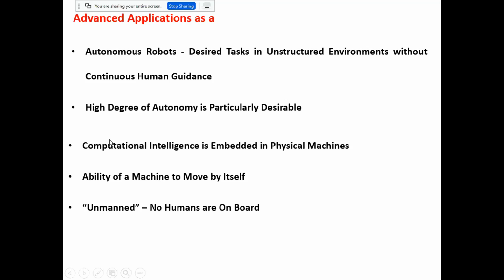Such vehicles are called unmanned. Unmanned means no humans on board. In general, these vehicles move by themselves under their own power with sensors and computational resources on board to guide their motions.